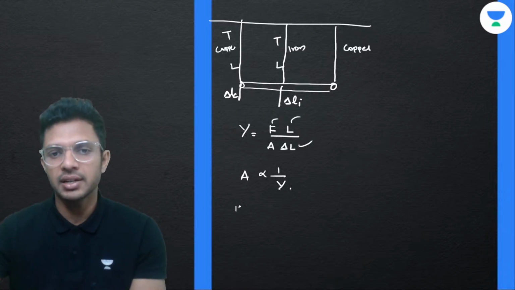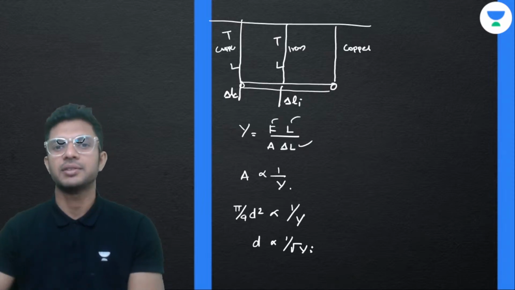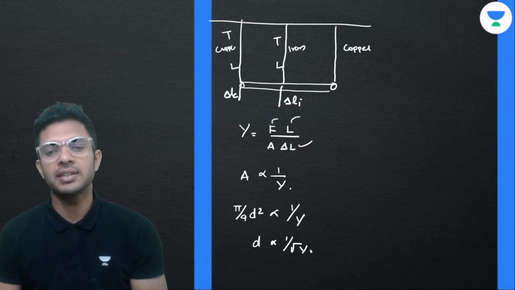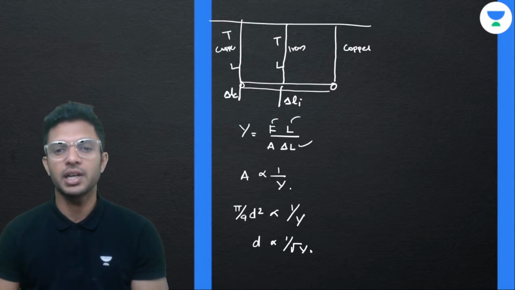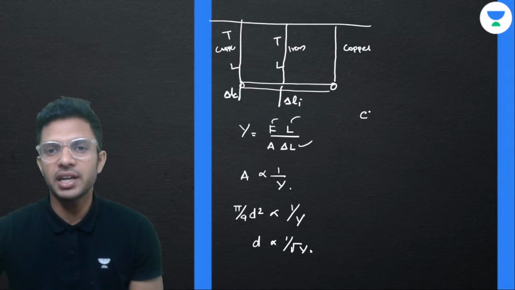Area, how will we write? In terms of diameter, pi by 4 d square is directly proportional to 1 by Young's modulus. Pi by 4 is a constant, so d is proportional to 1 by root Y. The diameter of any wire is inversely proportional to the root of Young's modulus. That's it, done. And what are we asked to find out?